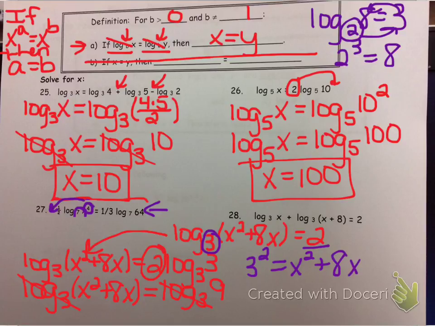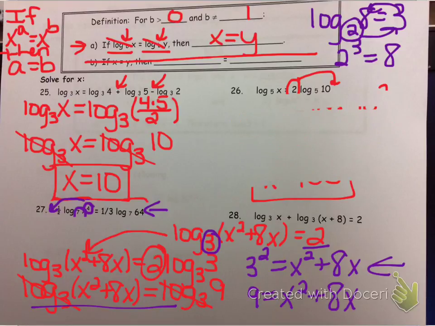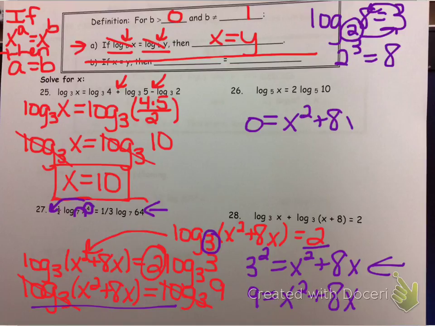So any way you cut it, whether you did this method or this method, you end up at a place where you have 9 is equal to x squared plus 8x. From that point, the rest of the process is the same. It's now a quadratic, which means you need to get it set equal to 0 so you can factor it. So I set it equal to 0 by moving the 9 over, by subtracting it.